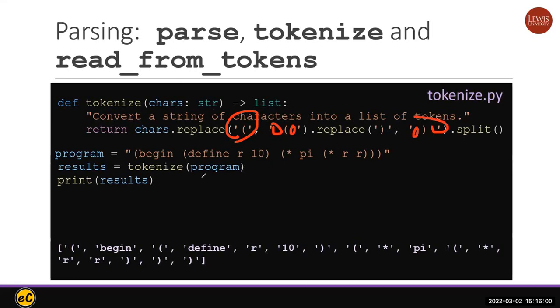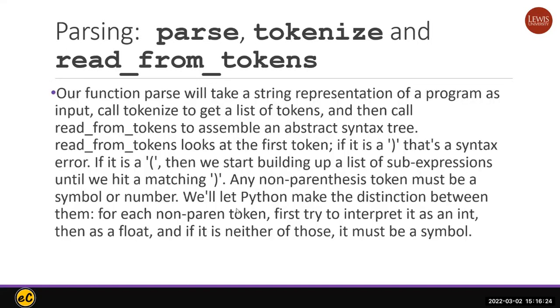It is replaced and then split into a list. Okay, and this can be done recursively. So your program will be tokenized to a result, which is a list of the tokens.